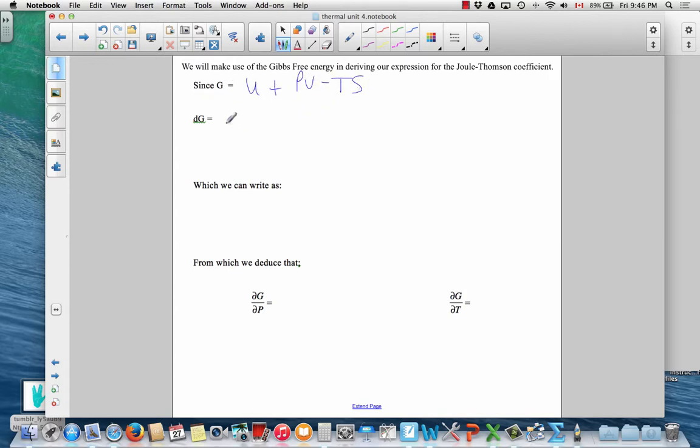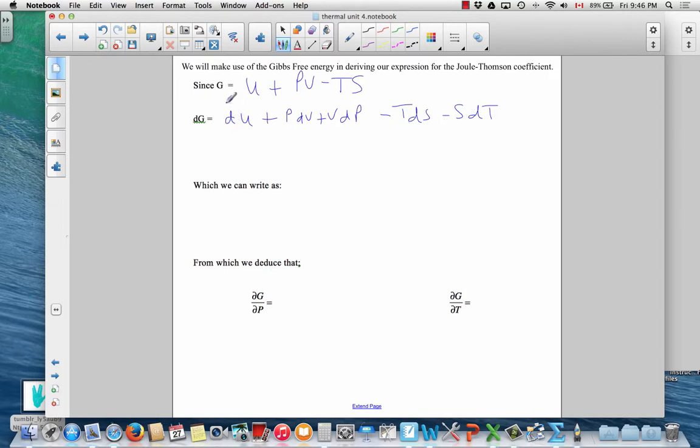So if we do the differential of that, so that'll be dU, then we'll have to do this using the product rule. So it'll be P dV plus V dP. And then once again, we'll have to product rule this one, so it'll be minus T dS minus S dT.